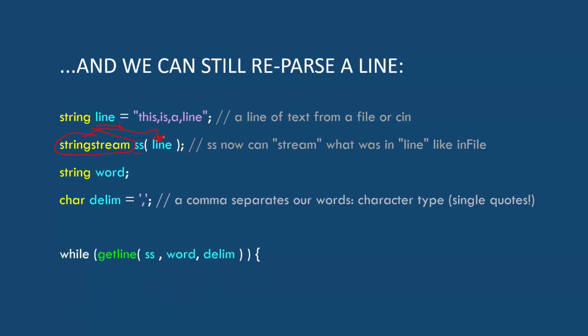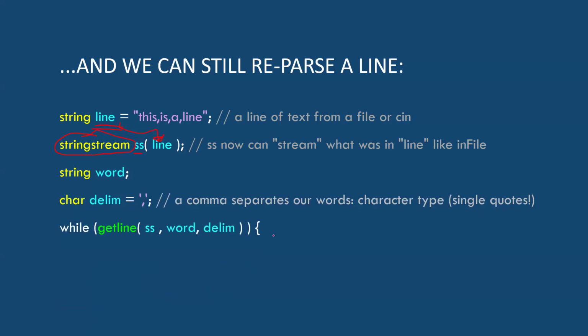So now I can set the delimiter, get not from a file, but from the string stream, until a delimiter, and put each thing in a word. So now we're getting a word and a word and a word and a word. This is a really elegant way to create an inner loop where you're breaking down something you got from the first getline and using a second-pass getline to break it down further.